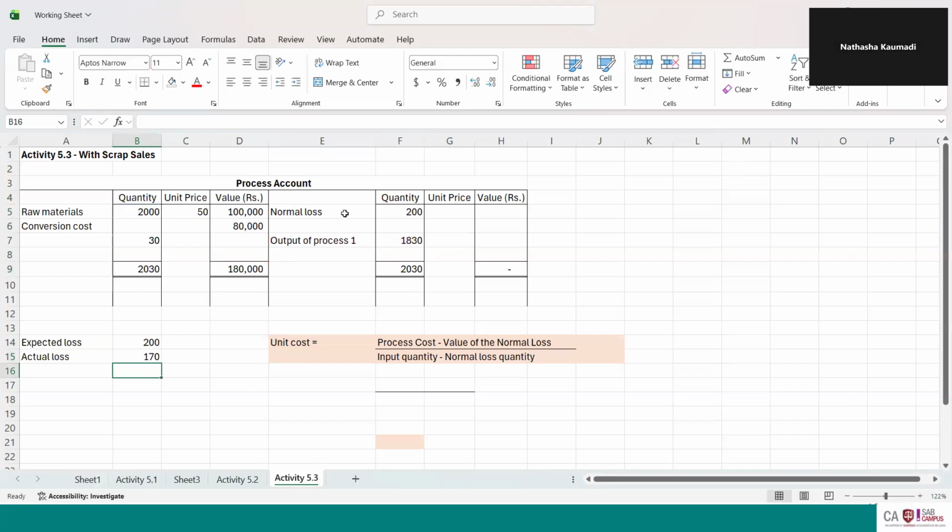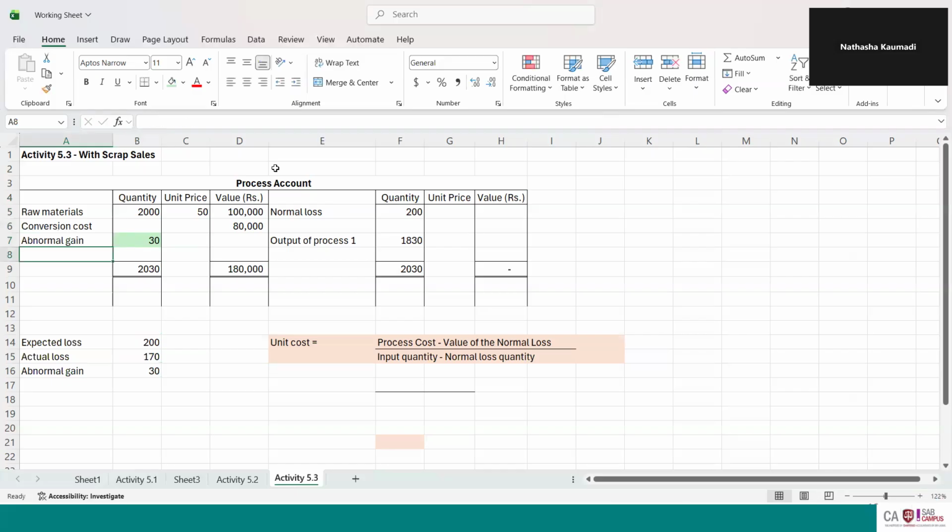That means you have lost only 170 kilograms, where you expected a loss of 200 kilograms. What is your abnormal gain? Saving 30 units. Difference between 200 and 170, 30 units. That is what this 30 is here. So what is this 30? Abnormal gain.